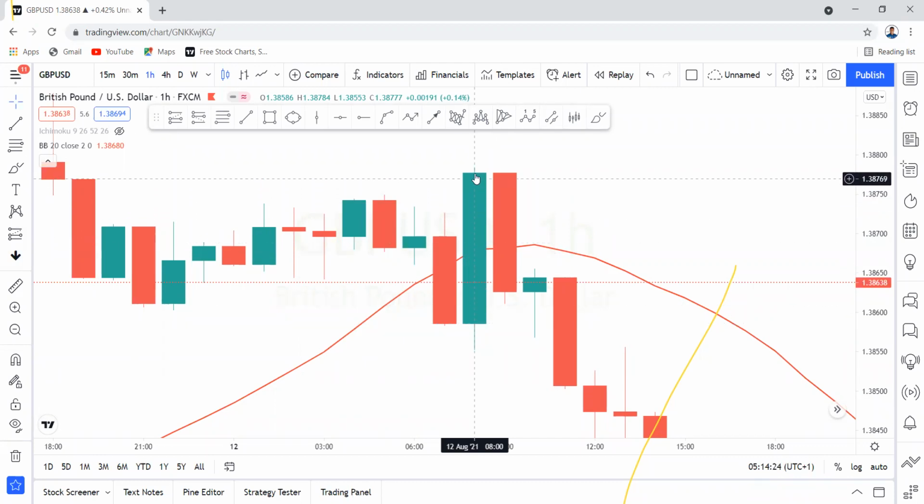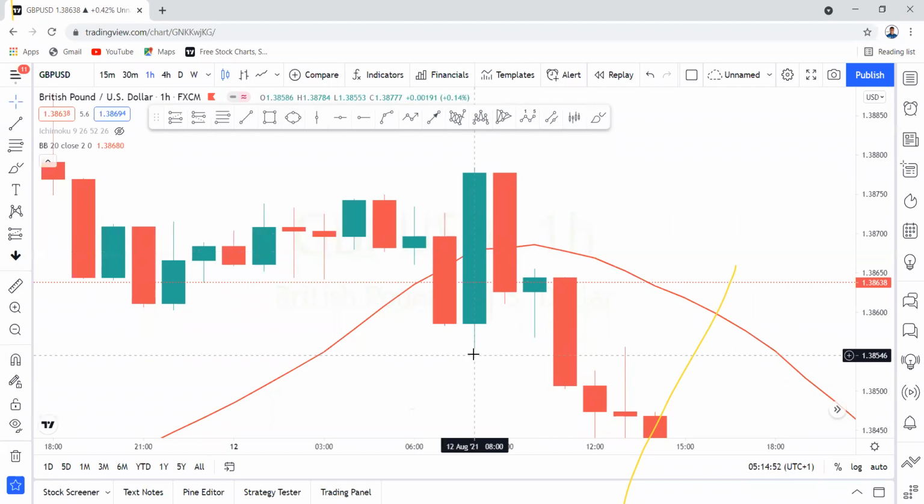Now, this right here is the close of this candlestick, at the price of 1.38778. From the open to the close price is the body of the candle. This thick wall that you're seeing is the body of the candle.